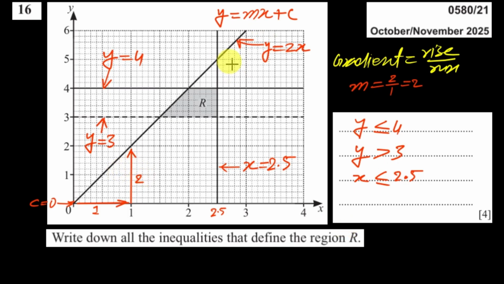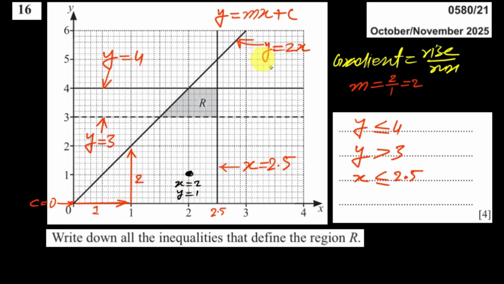Now the fourth inequality. Here we have y is equal to 2x. We have to see whether the region is above this line or below this line, and write y is less than 2x or y is greater than 2x accordingly. To check it, we can simply take one point in the region. Let's take this point here, where x is equal to 2 and y is equal to 1.